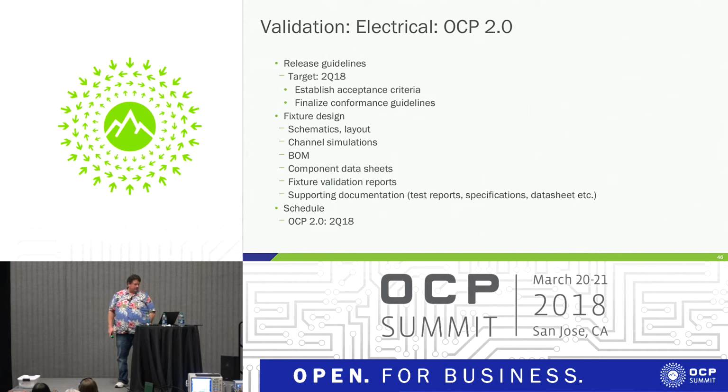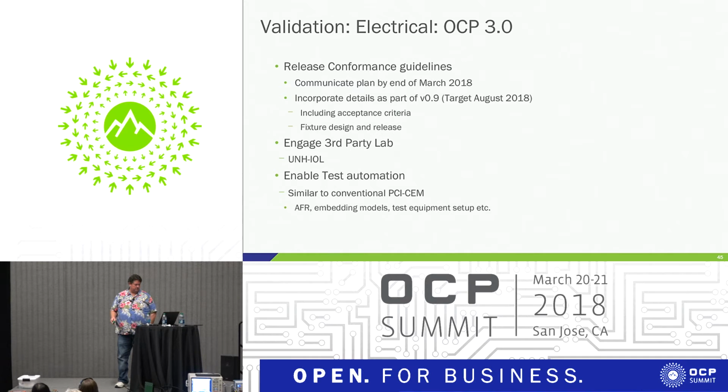What do we need to do? So on the OCP 3, we need to release some conformance guidelines. As Sumit said, there's a subgroup of people working on it that I hear is going to get larger, and that's great.